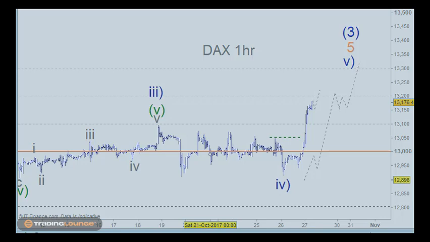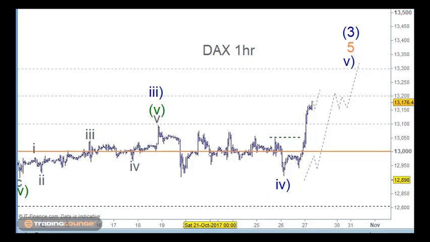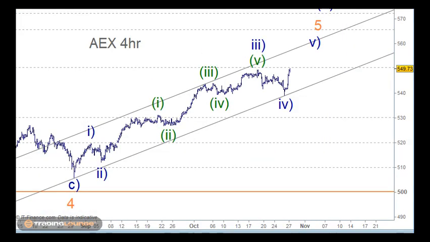And the AEX. Just on the 4-hour chart here, normally been working on the 1-hour chart, and once again also had this as a possible top in here in line with the DAX, but the Stock 50 was showing a different picture. I'm just using the 4-hour chart here to show the bigger picture and the wave sequence.